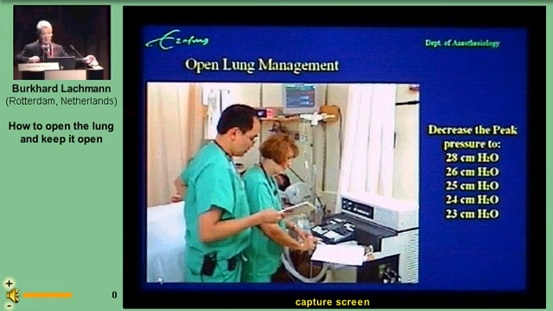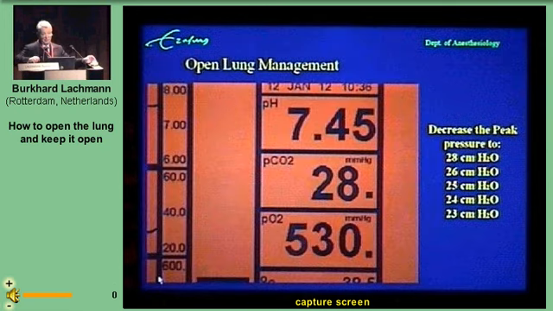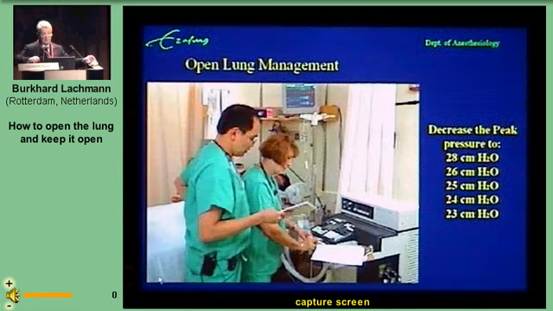Okay, we're dropping to 28. What is the PO2 doing? It's remained the same. Okay, then go down to 26 centimeters of water. Down to 26. What is the PO2 doing? Still the same. Wonderful. Go down to 25 centimeters of water.